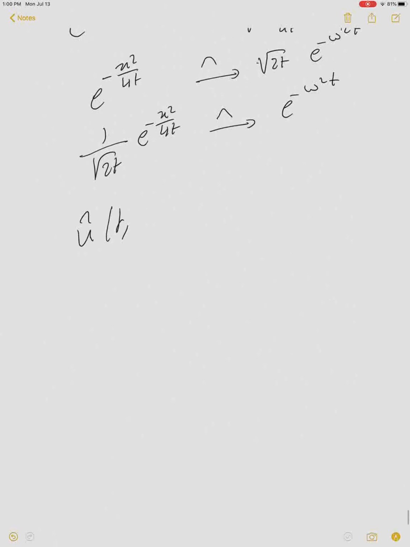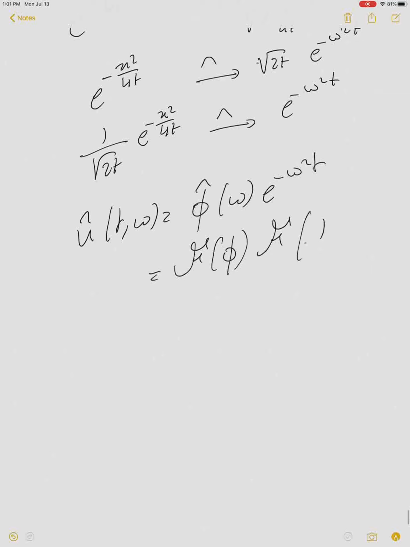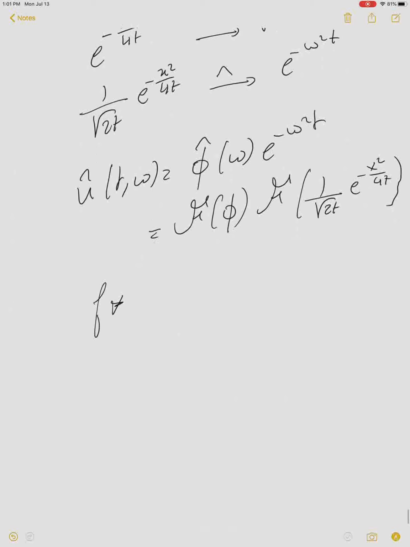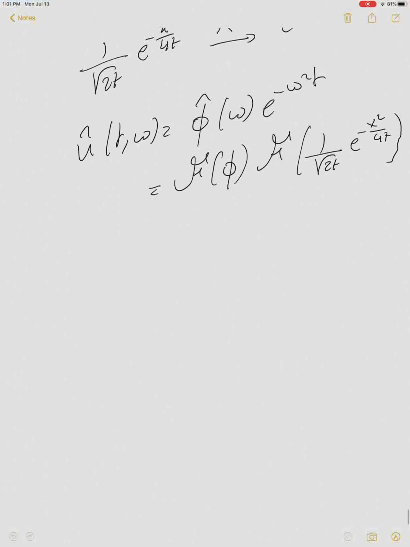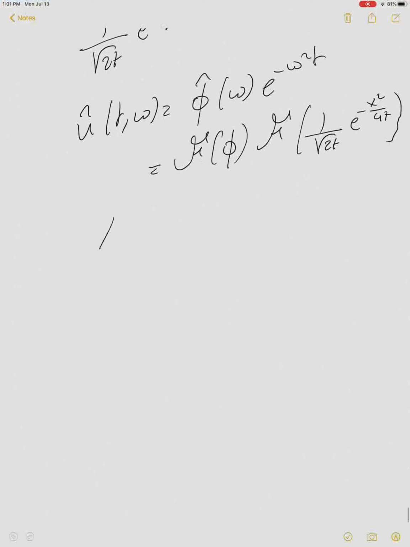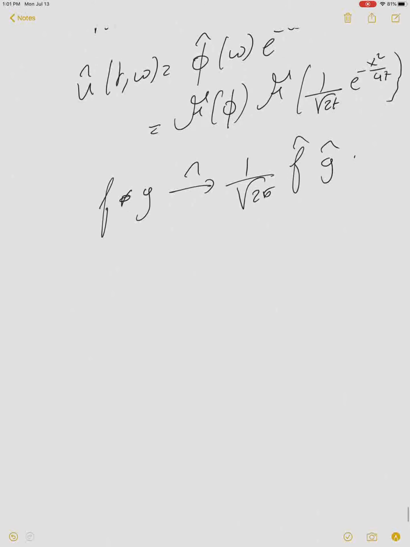Then u hat of t, omega, which we will prove is phi hat of omega times e to the minus omega squared t, is the Fourier transform of phi times the Fourier transform of 1 over square root of 2t e to the minus x squared over 4t. Okay. And I know that f convolved with g, with Fourier transform, goes to 1 over square root of 2 pi f hat g hat, correct?